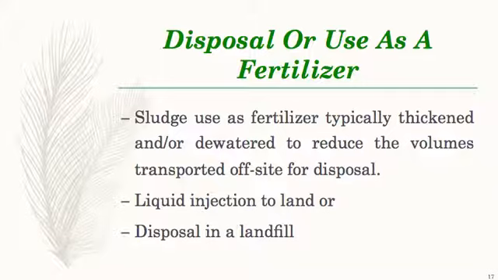So when a liquid sludge is produced, further treatment may be required to make it suitable for the final disposal. So the sludges are disposed or used as fertilizer, typically thickened or dewatered to reduce the volume transported off-site for disposal.